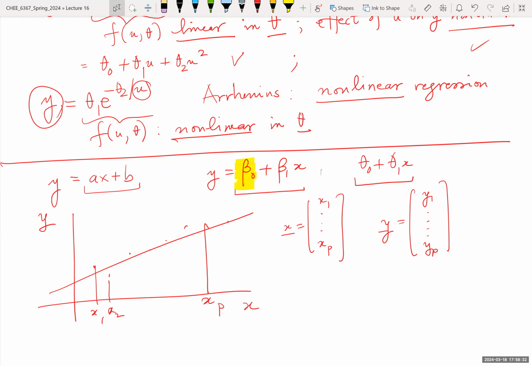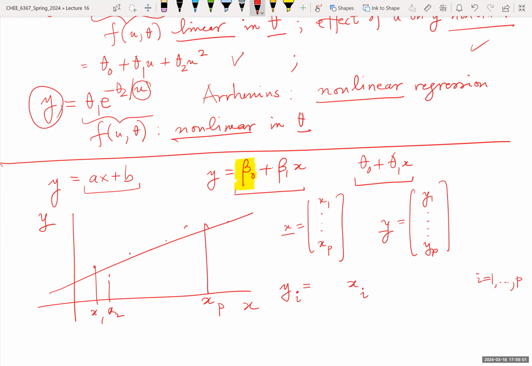The idea is you want to make the errors as small as possible. Of course, the reason why you want to do this exercise is that your model structure is this, and this is what we call a model structure, right? The actual measurements yi are values of a random variable which depends on xi, where i goes from 1 to p. And how does yi depend on xi?